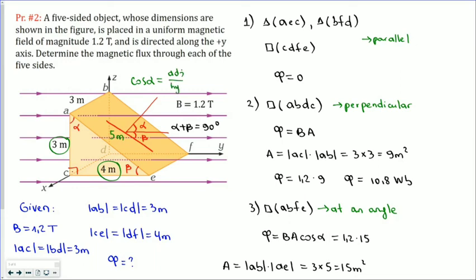The adjacent side for the angle alpha in this triangle is 3, and dividing by the hypotenuse, 5, it is 0.6.